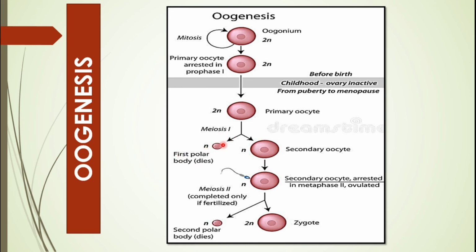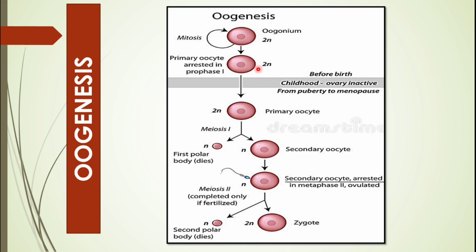So in human beings, only two polar bodies develop, whereas in other organisms sometimes there may be three: two produced here and one here. This entire process where an oogonium or ovum mother cell finally changes itself into an ovum is known as oogenesis.